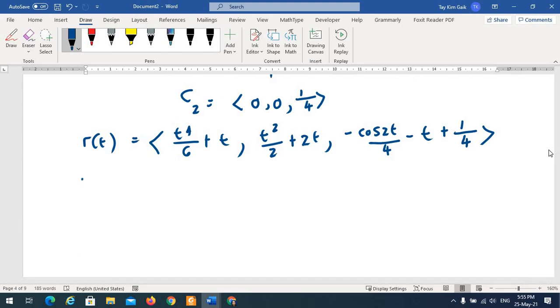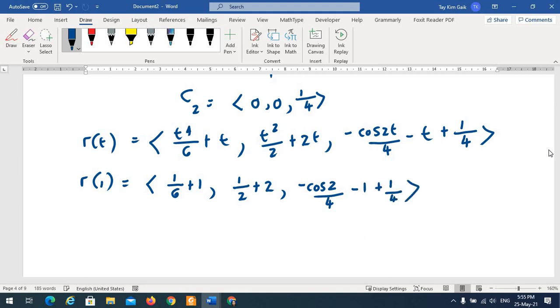So we find r(1). Plug in t equal to 1. So you have 1 over 6 plus 1, then 1 over 2 plus 2, then negative cos 2 divided by 4 minus 1 plus 1 over 4.